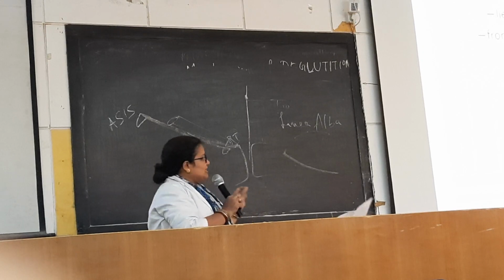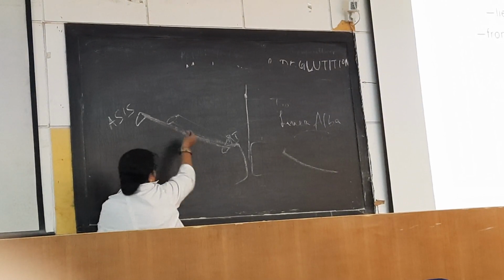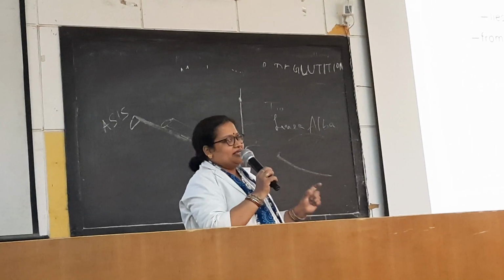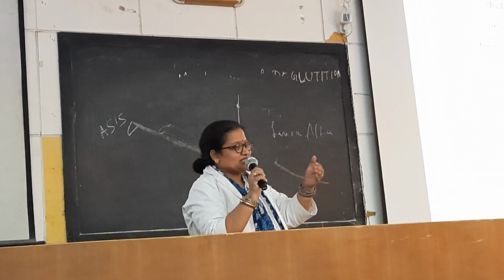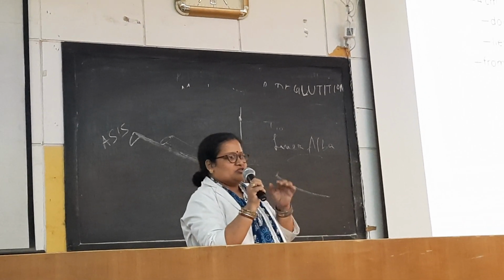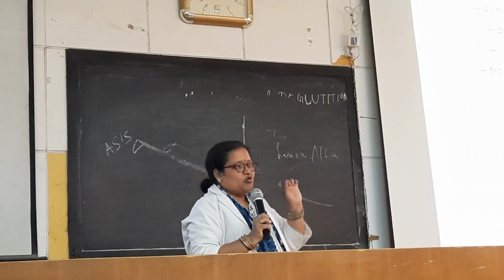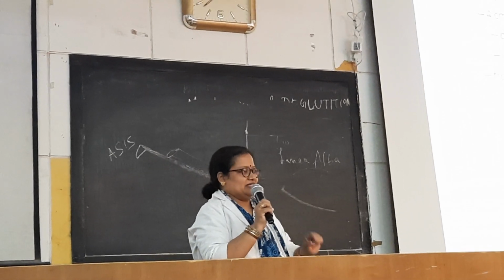And there are 2 openings. The deep inguinal ring: deep means it will be a defect in the fascia transversalis. The fascia transversalis lies deeper, so the deep inguinal ring is an oval shaped defect in the fascia transversalis.